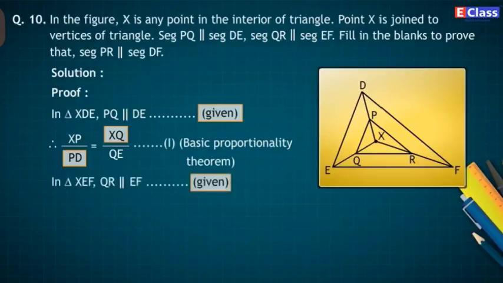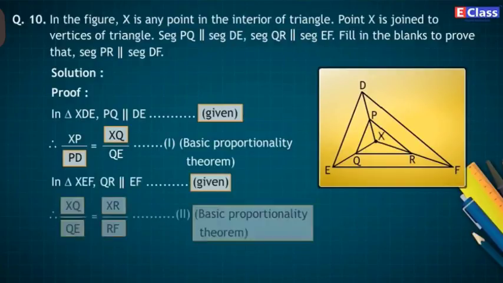In triangle XEF, QR is parallel to EF, given. Therefore, XQ upon QE is equal to XR upon RF by basic proportionality theorem. Let us mark it as statement 2.